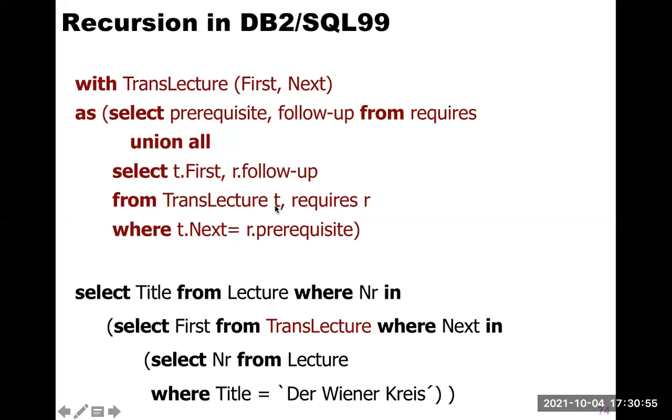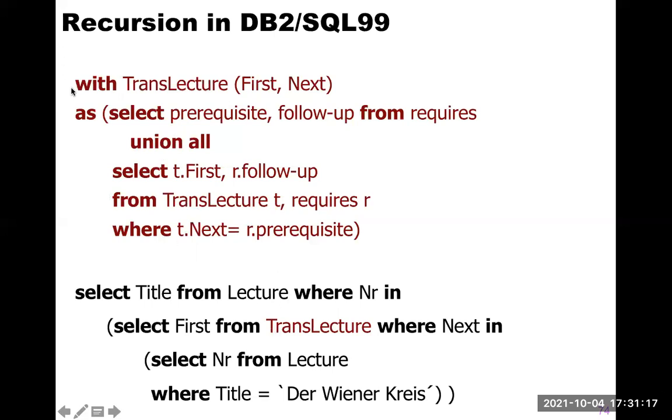So recursion should be here. And all this process of execution of this code results in a translecture table filled with data recursively, and stops. And then that's a prefix to my query.